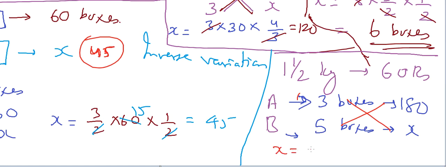The cost of 5 boxes of grapes will be 5 into 180 by 3, and 180 by 3 is 60, so 60 times 5, so 300 rupees.